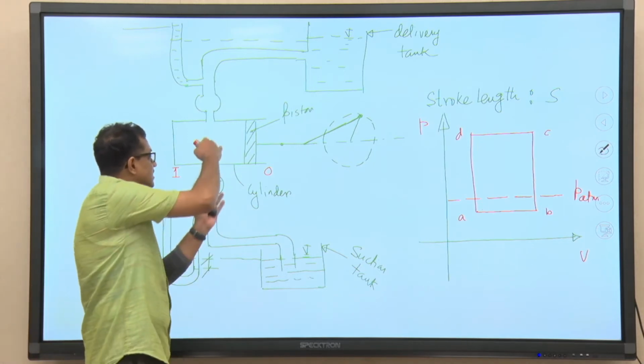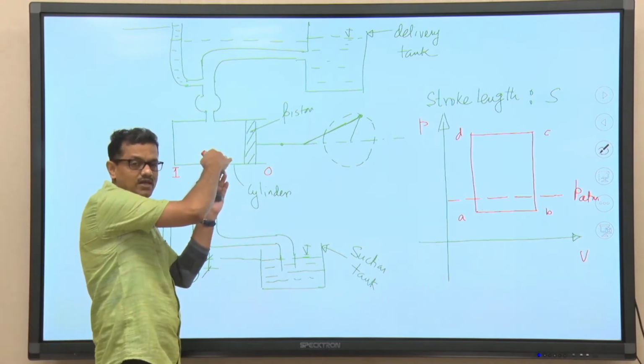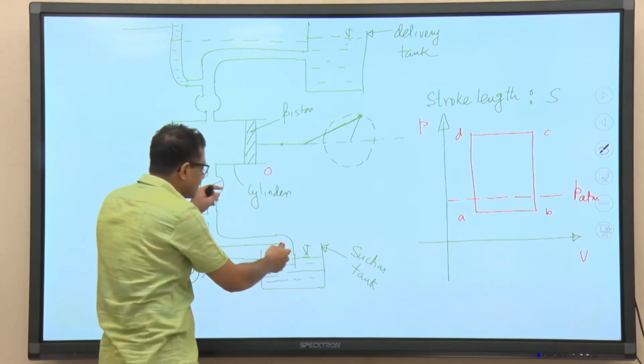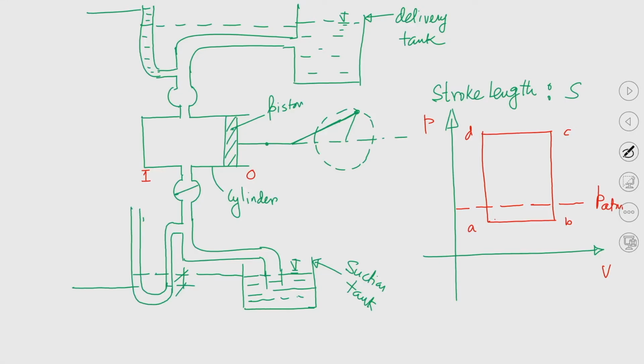The suction tank is open to atmosphere, so atmospheric pressure is acting there. The reduction in pressure inside the cylinder below the atmospheric pressure will create a driving force which will allow liquid to flow from the suction tank into the cylinder.